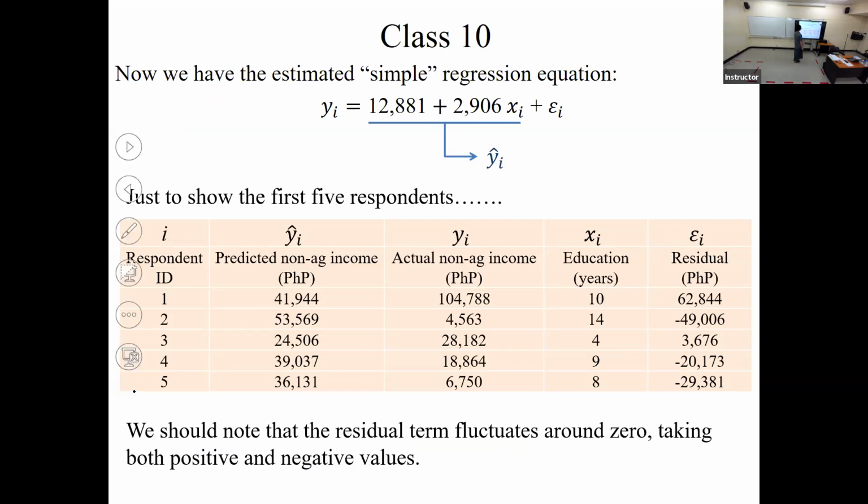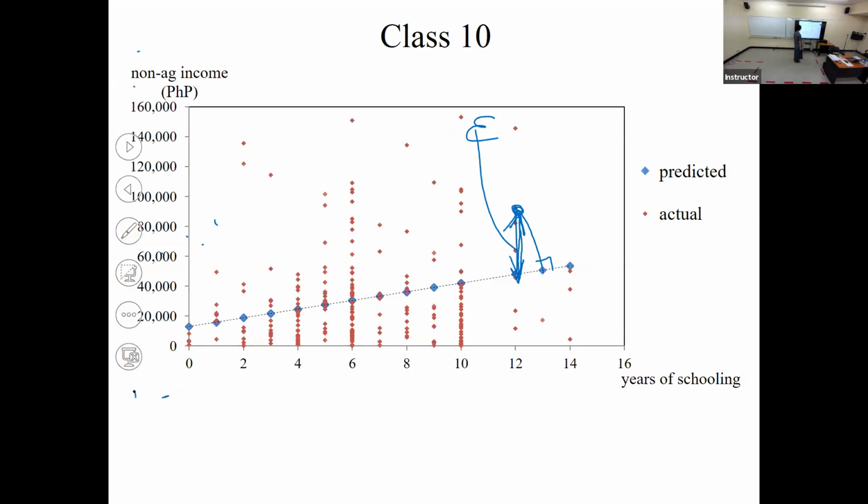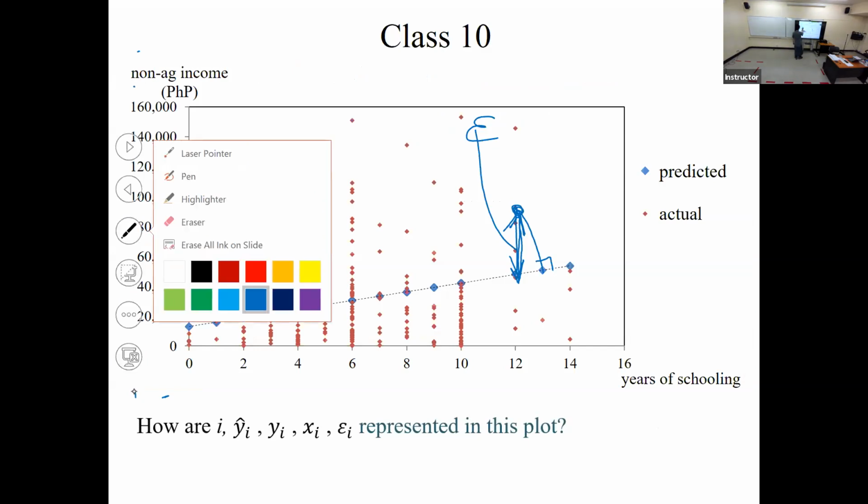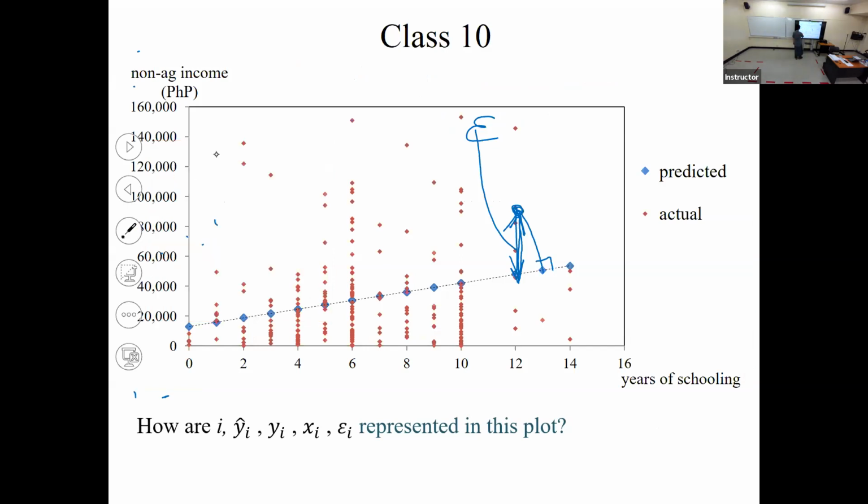But prediction can be used only in the data range. What does it mean? Actual data exists, in terms of the x variable, between 0 and 14. So it doesn't have a value above 14, or negative values. The actual data range is from 0 to 14.